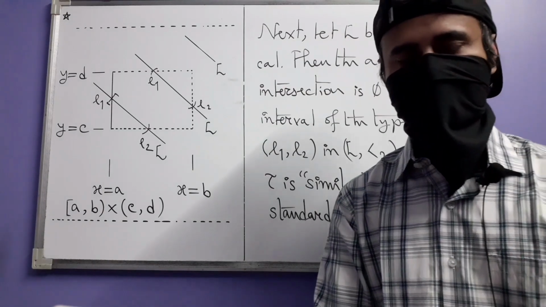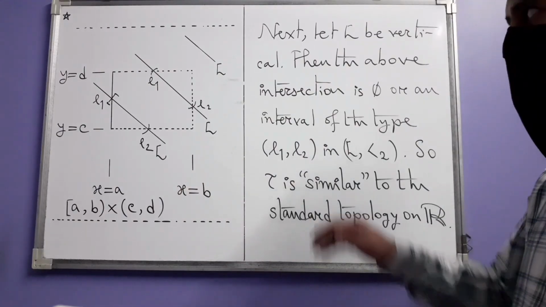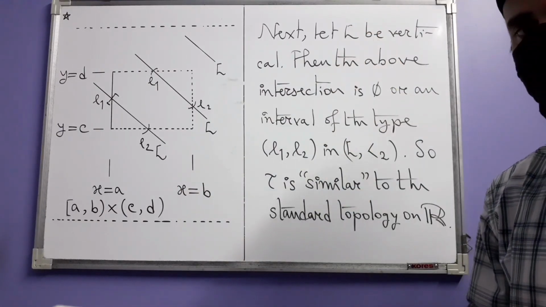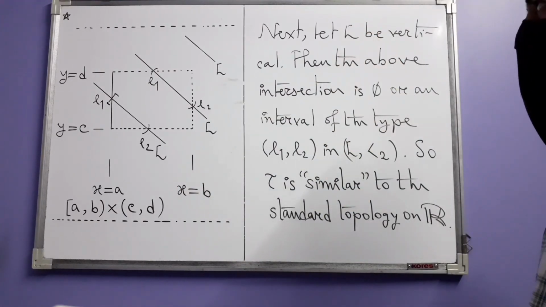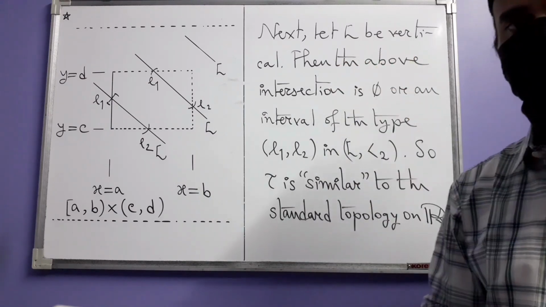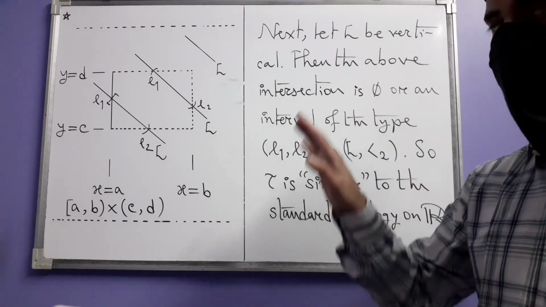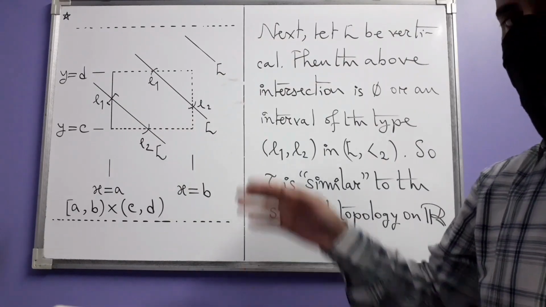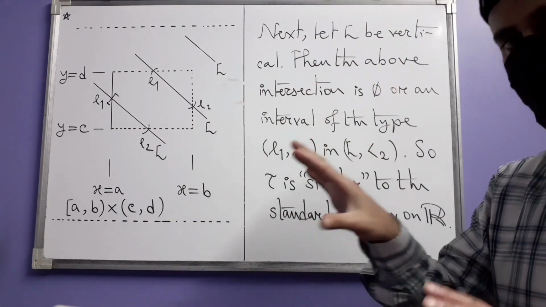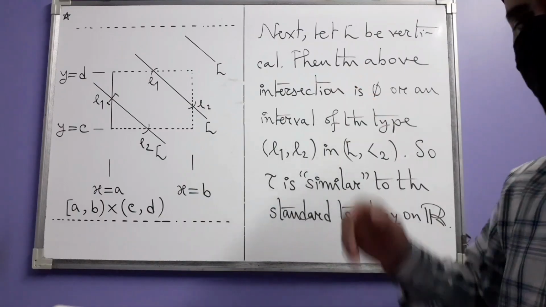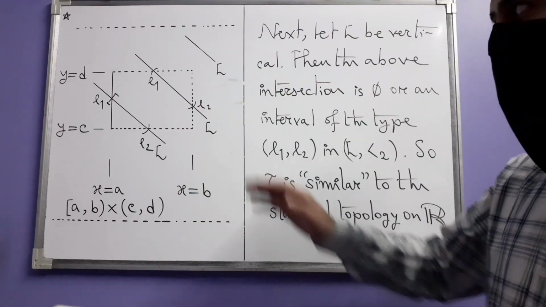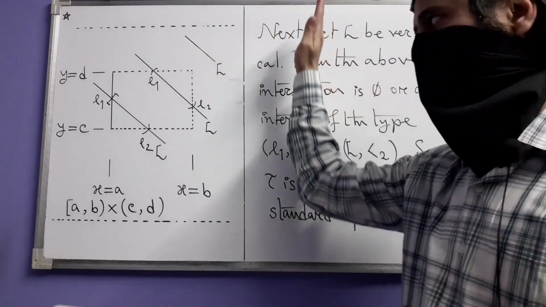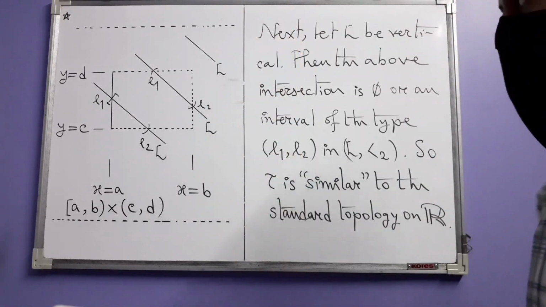Now that you understand what's going on, we can go ahead with this next case and understand it more quickly. Next, let L be vertical. We are still with the product space R_L times R, but this is the other case. Within that, L can be vertical as well. So now L is neither like this nor like this, but L is like this.